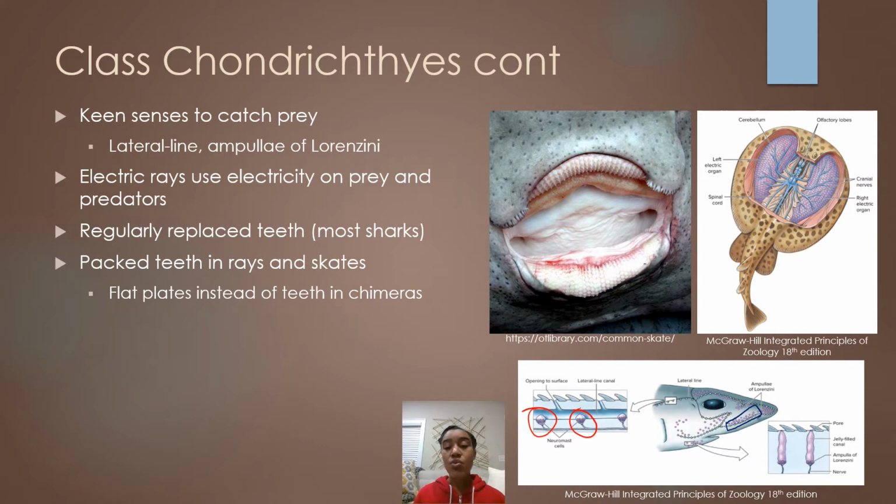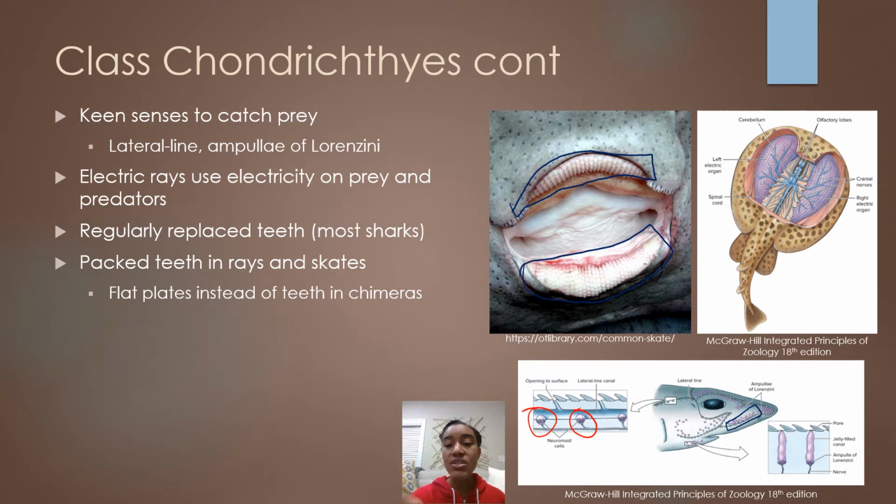And then also we have jaws in rays and skates, but their jaws don't have those same type of very defined teeth. Instead, their teeth have been fused into more of these packed plate-like structures, and you can see them here and here.